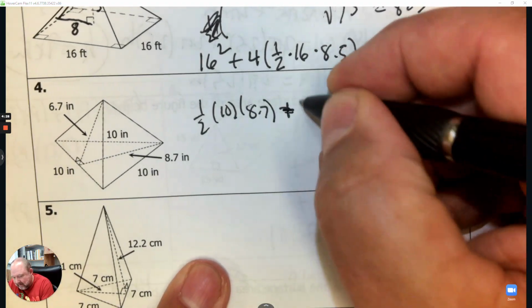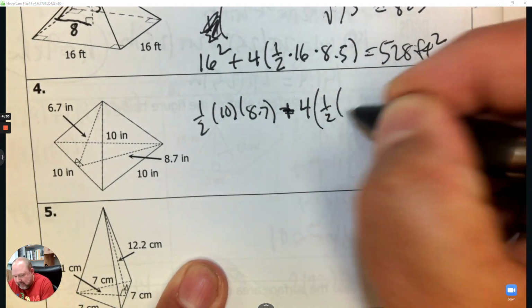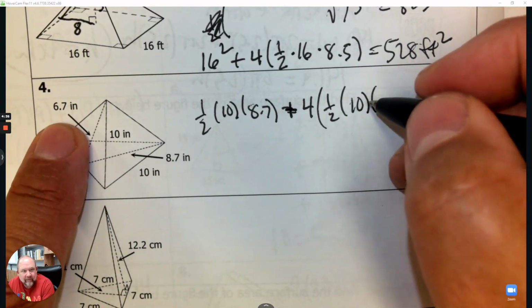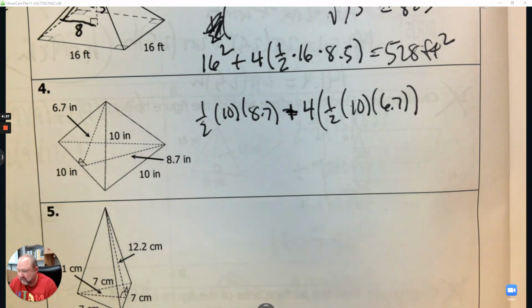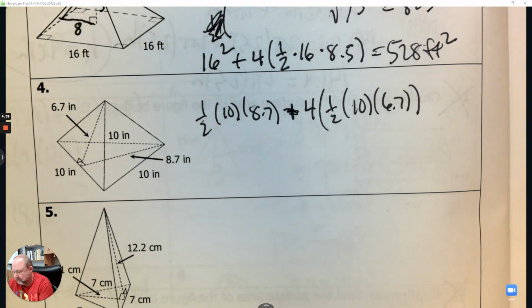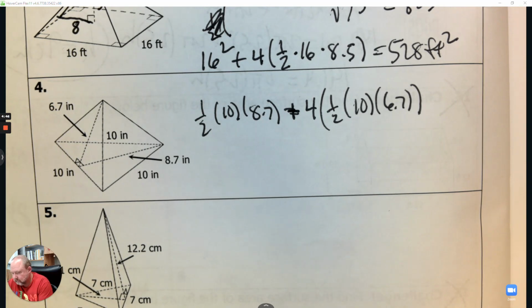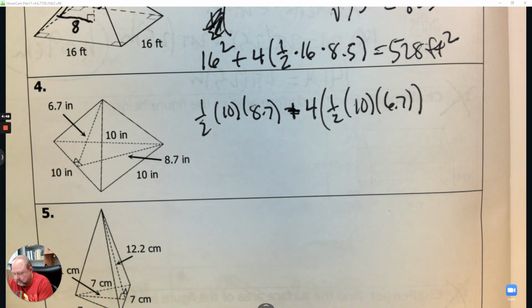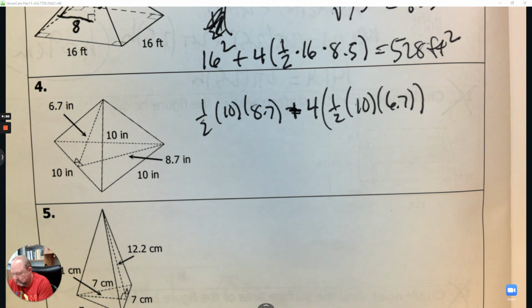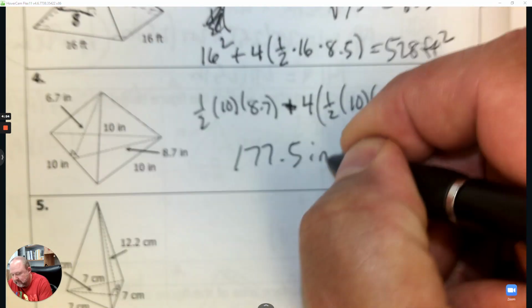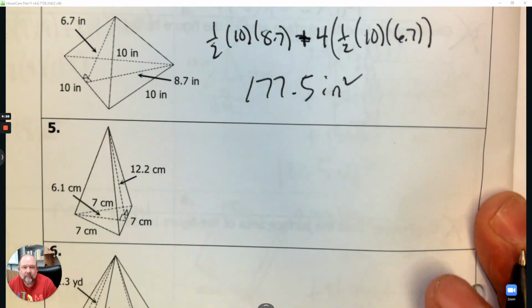So I'm going to add, there's 4 of them, and then half the base, which is 10, times the slanted height for it, which is 6.7, and then put that in your calculator. And that's 177.5.